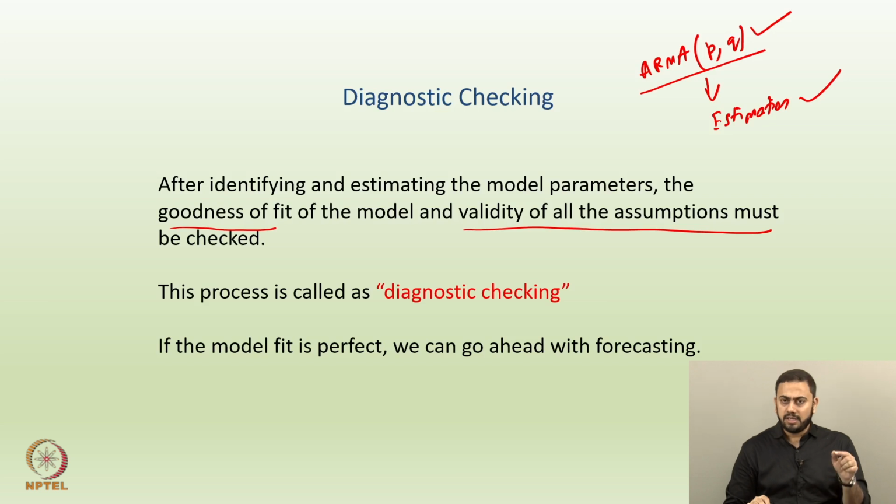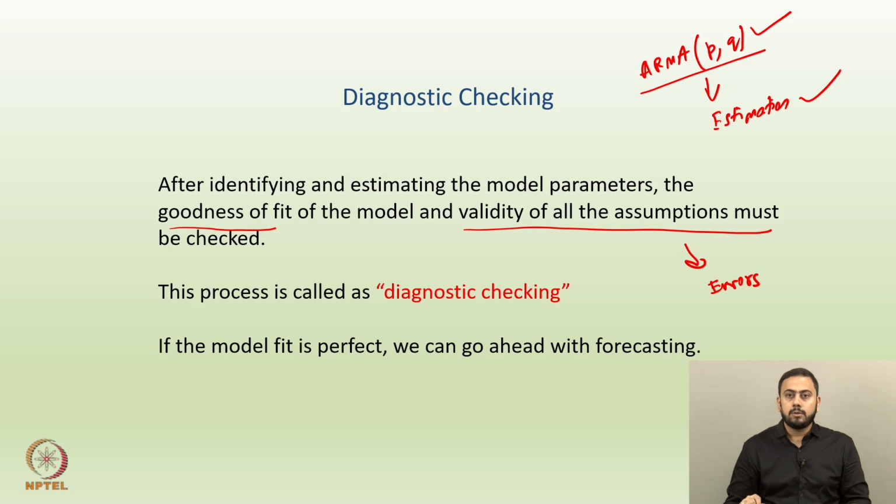Firstly, a quick revision of the assumptions we have made. All these assumptions are based on the errors of the model, and not on the actual time series. What exactly are the assumptions? The errors should follow a normal distribution, the errors should be independent, and all the errors should have a constant variance, so the variance should not change. These were the basic assumptions.